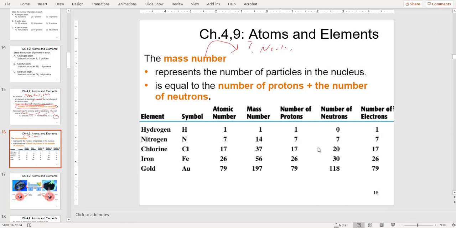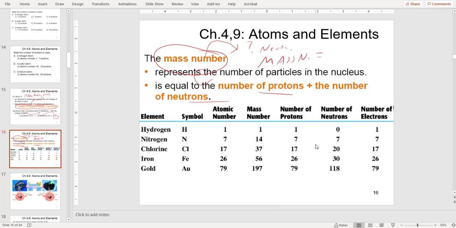You actually need a special nuclear periodic table in order to easily figure out what the mass number is. So let's go ahead and first define mass number. Mass number is the sum of the protons and neutrons.